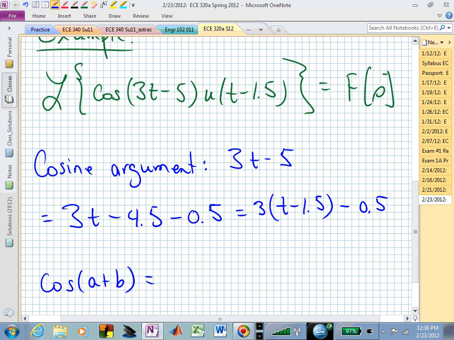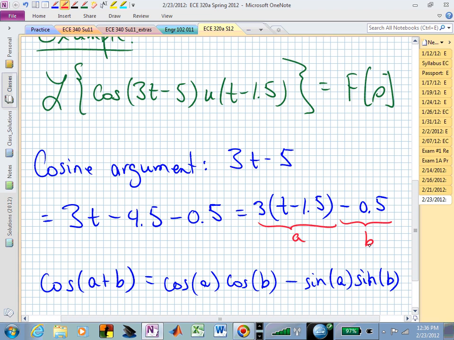But here I'm just going to provide it: cosine(A + B) = cosine A cosine B minus sine A sine B. Here 3(t − 1.5) is going to be my A, and the minus 0.5 is going to be my B.